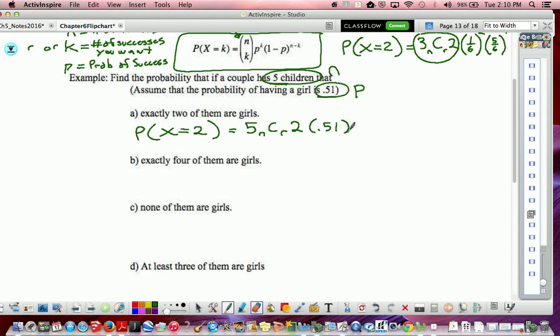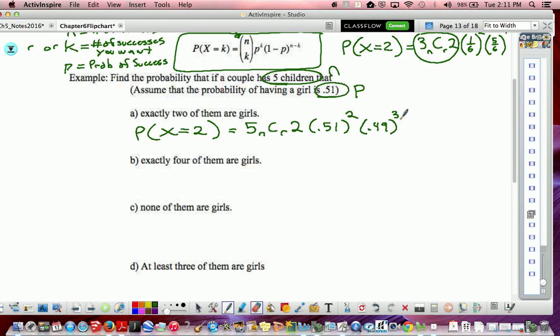How many of them do I want to be girls? 2, so it goes to the second power. If the probability of a girl is 0.51, what's the probability of a boy? That will be raised to the, how many boys do I need? 3. If 2 are girls, then the remaining 3 have to be boys.